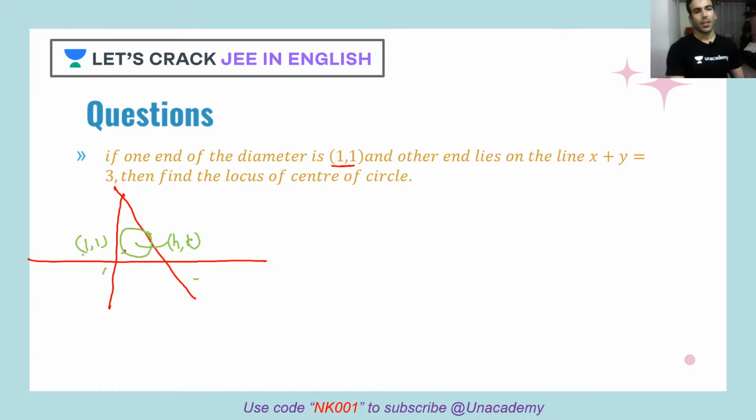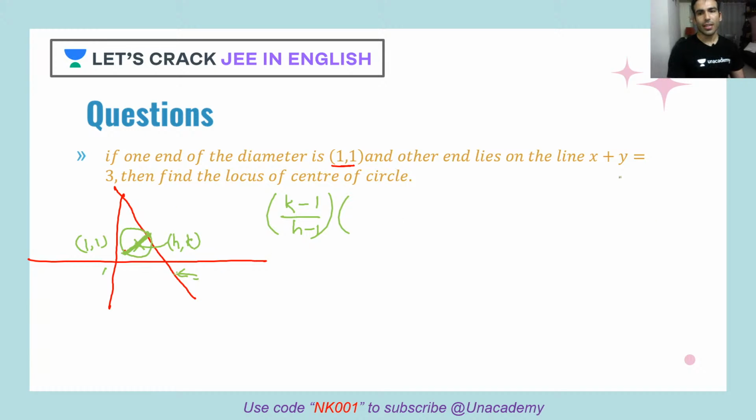See, the diameter is like this. Can you see one thing? This diameter is already perpendicular to this straight line, right? Let's use that concept. So I know the slope of this diameter: k minus 1 upon h minus 1. The product of the diameter slope and the given line's slope will be minus 1.